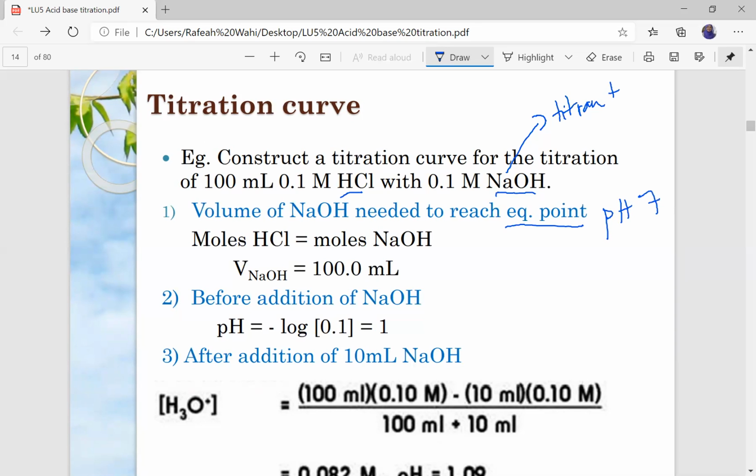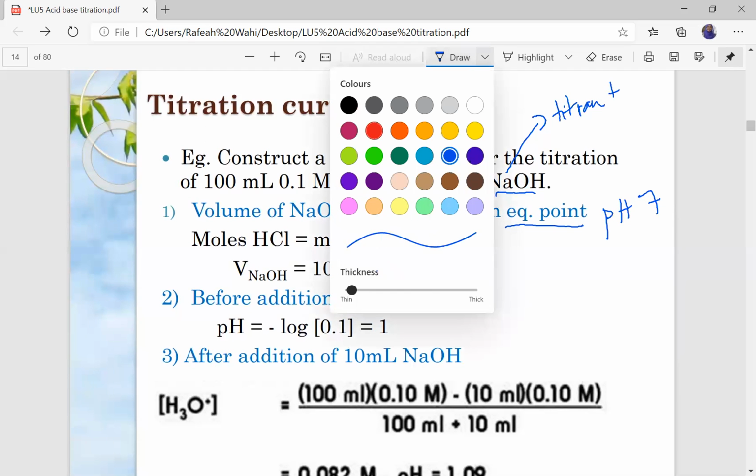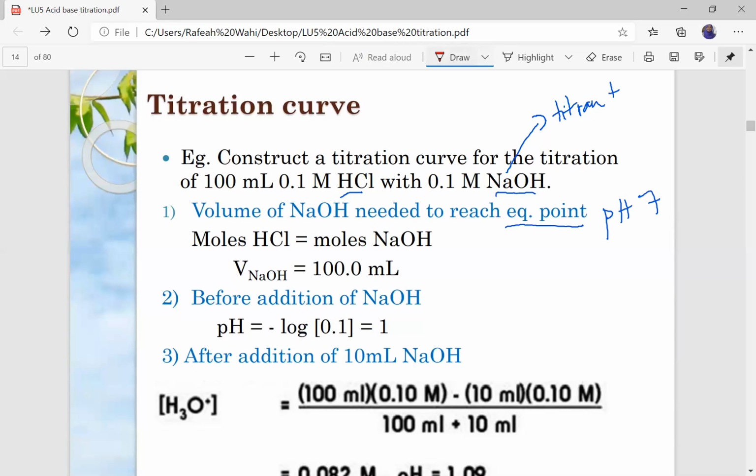So how do we calculate that? We know that at equivalence point, moles of acid is equal to moles of base. So we already know MA: what is the concentration of hydrochloric acid? 0.1 molar. What is the volume of hydrochloric acid? We know it is 100 ml.